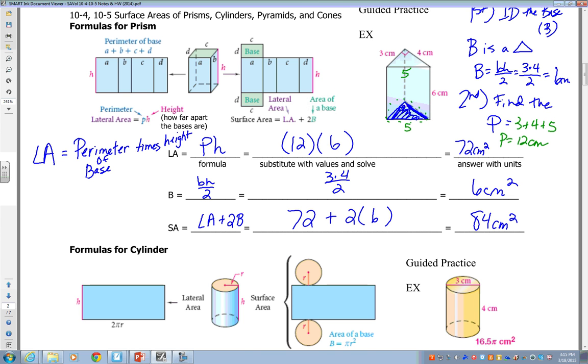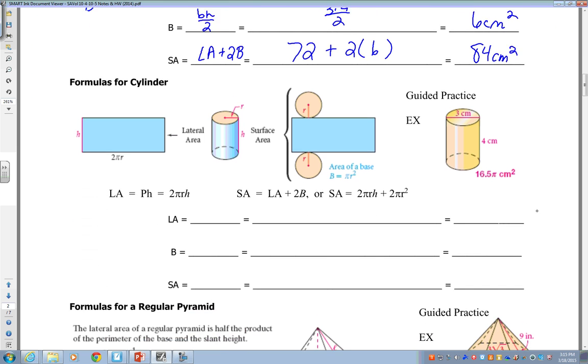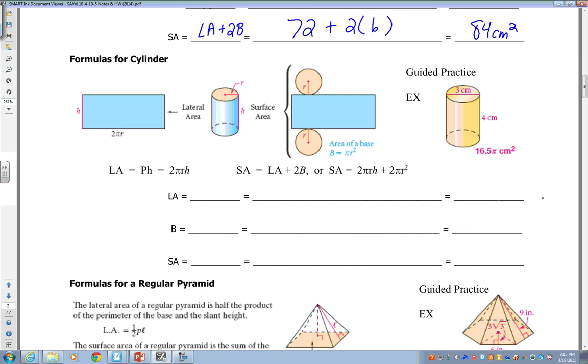All right, now, what they want you to see is the formula that we use for lateral area, which is PH, is the same thing. It's the same formula even with the cylinder. You just got to kind of break it down. What does P represent in the cylinder? Circumference, yeah.